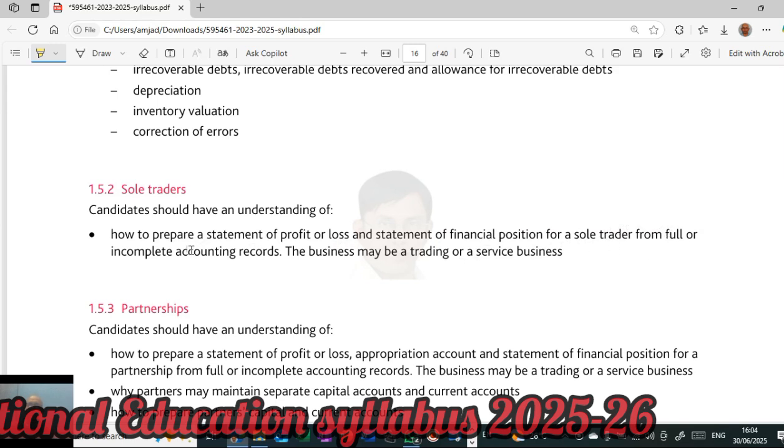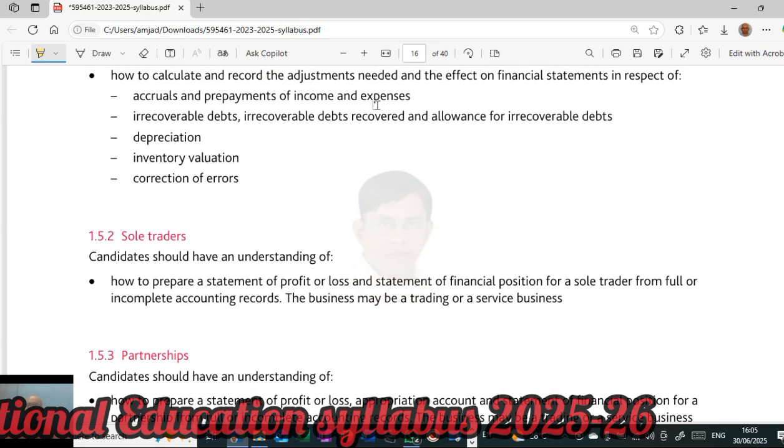This is very specific to sole traders. You should be thorough in these particular concepts, and then you need to apply these principles while preparing financial statements of sole traders. Then the job is done. So you have to be thorough in these and in their application.